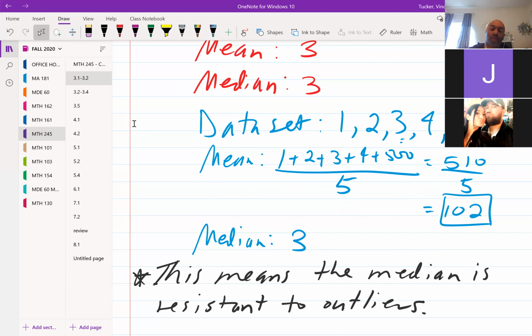It's just a summary of your data, and it tells you different details about your data set. So the median is resistant to outliers. In other words, having an outlier does not affect the median, but it does affect your mean. It can either raise your average or make it smaller.